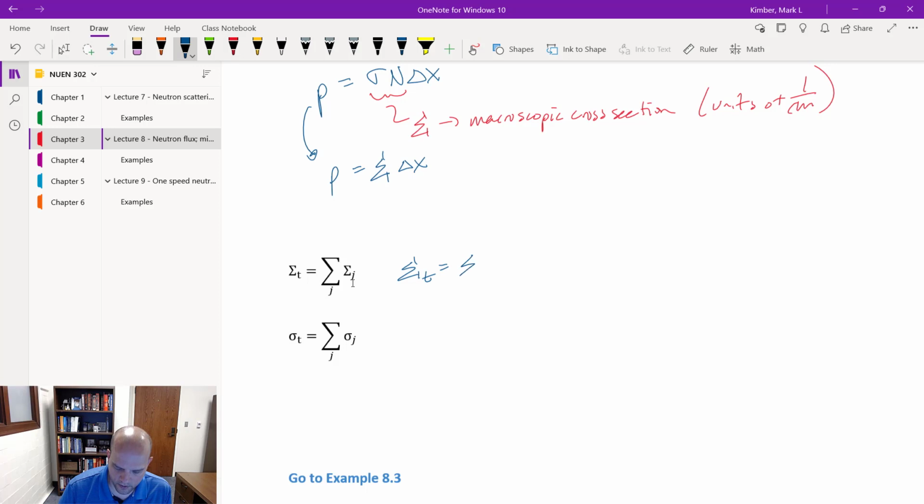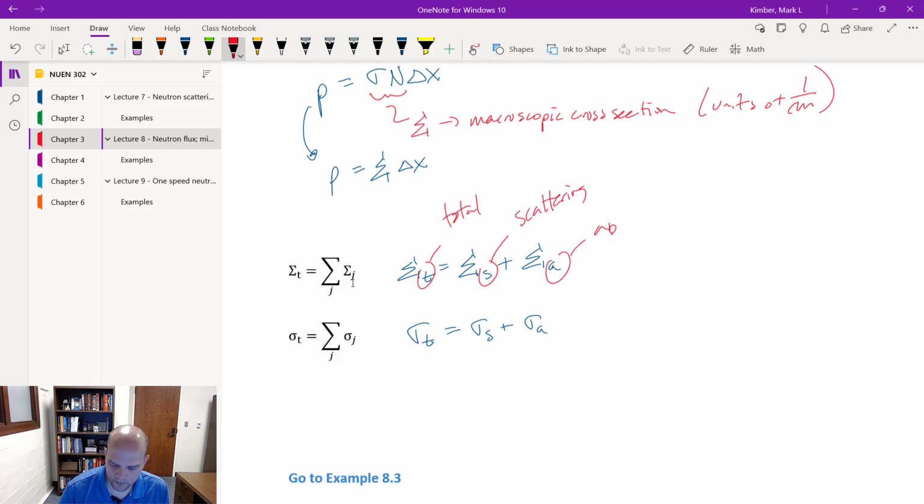Each of these is going to be split up into two families of interactions, same thing for my microscopic. And these subscripts here, this is my total, this is my scattering, and this is my absorption.